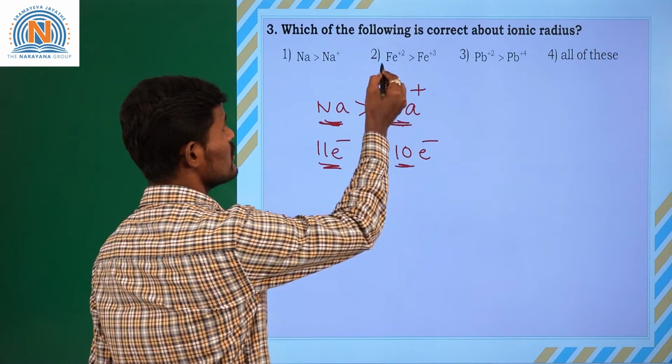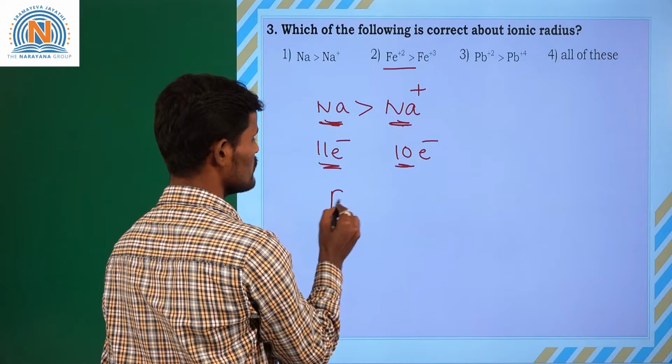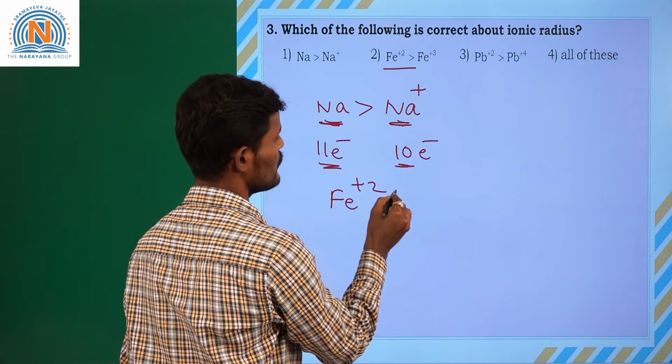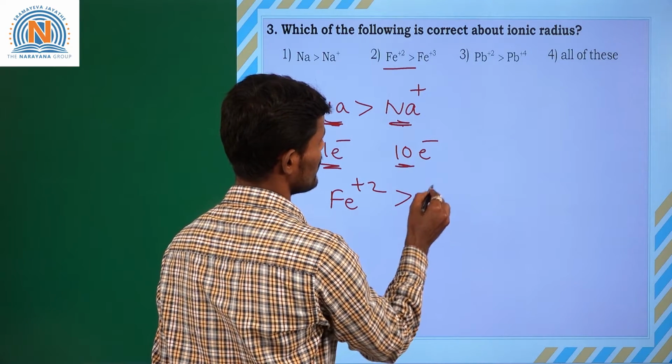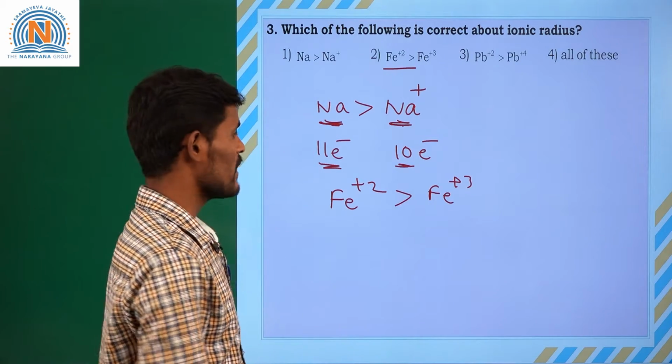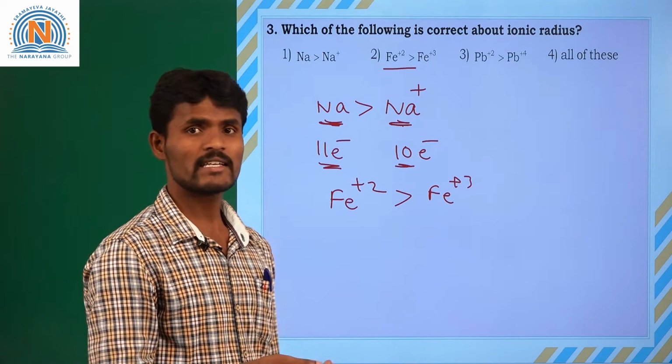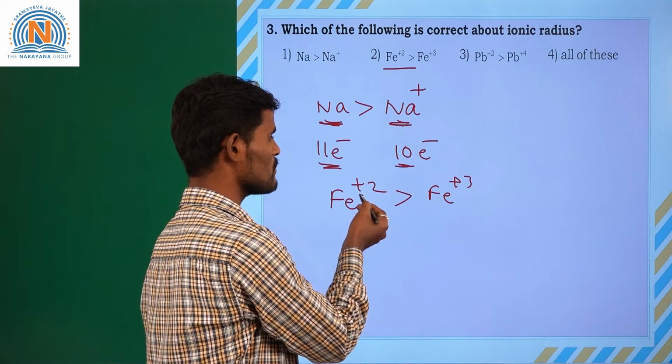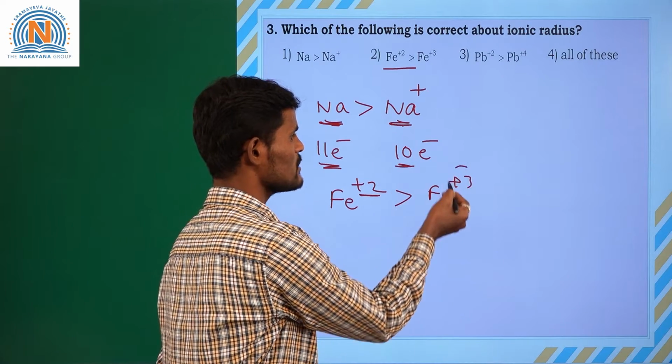Next to this, also Fe plus 2 is more than Fe plus 3, because as the positive charge increases, here the positive charge is plus 2, here the positive charge is plus 3.